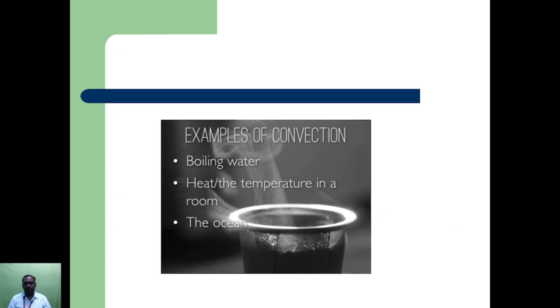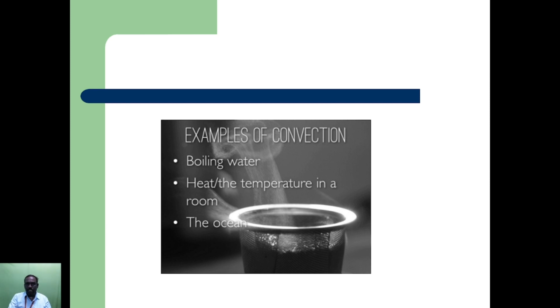In this picture we have shown examples of convection: boiling water, the temperature in a room, or oceans. Water in a tumbler or pot is heated with a high amount of energy, using LPG with the full fuel supply.